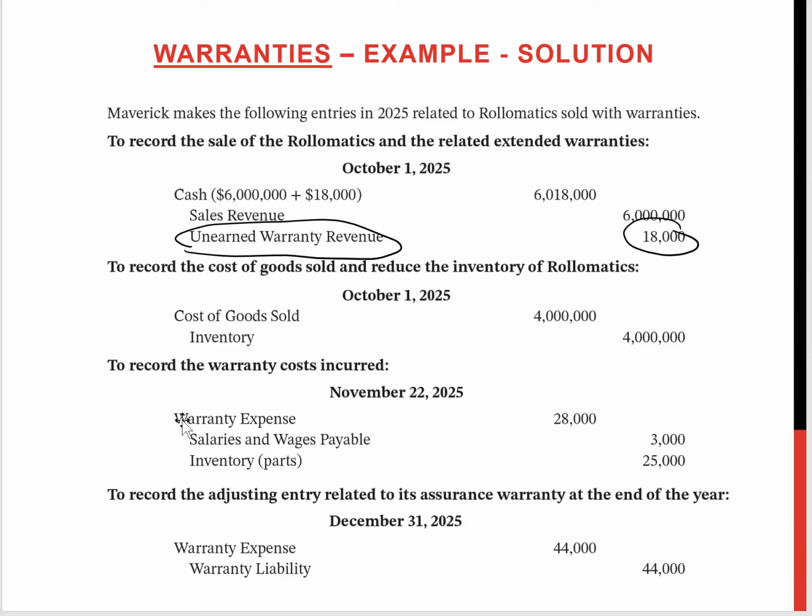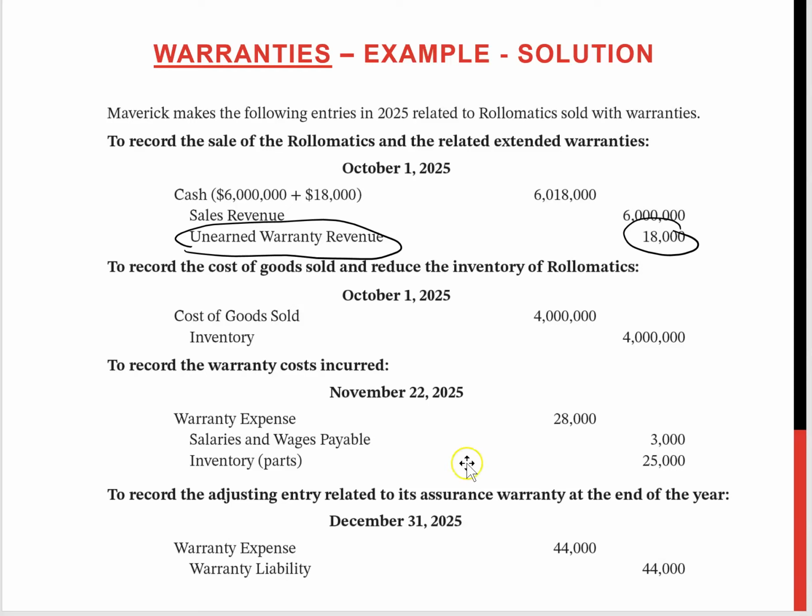Remember, these are assurance warranties. Customer did not pay any additional things. This is the first year, so they will record warranty expense 28,000, and a part is to pay the labor cost, so salary and wages payable, and 25,000 for replacement of the parts. So this is the warranty cost, assurance type warranty cost.